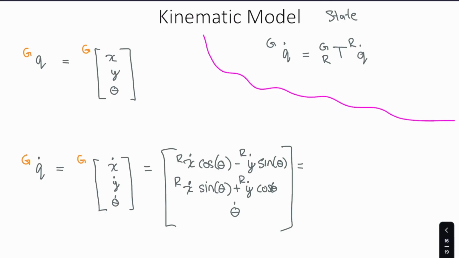So given this format, we know that we're going to have two matrices, a transformation matrix and our q dot in the reference frame. Writing down q dot in the reference frame is an easier place to start. That's just equal to, with respect to the reference frame, x dot, y dot, and theta dot.